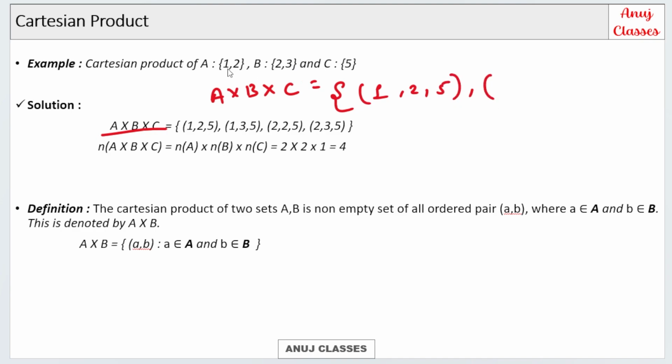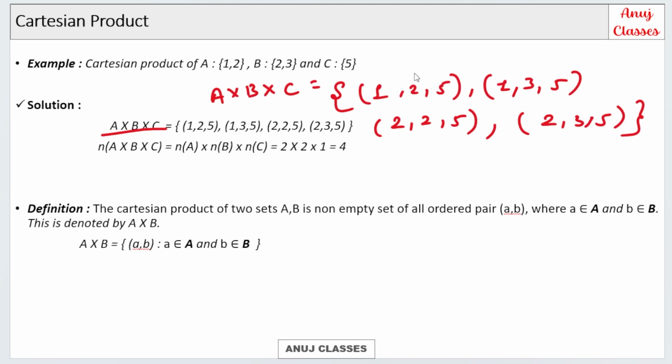Now since the number of elements of C is only 1, we'll change B, which is 3, 5, then 2, 5, and then 2, 3, 5. So here we have only 4 elements. Now to find the number of elements, we multiply the number of elements of A with the number of elements of B and the number of elements of C. So there will be a total of 4 elements.